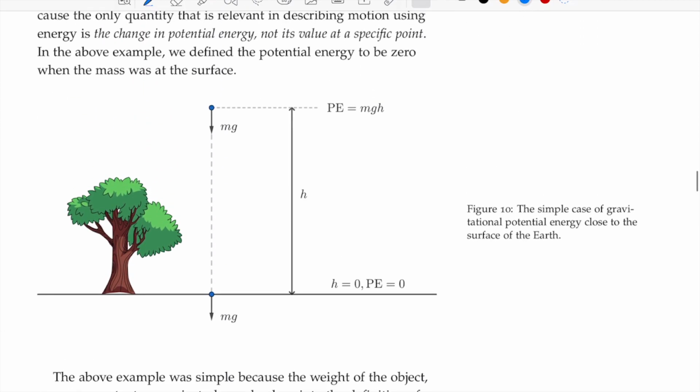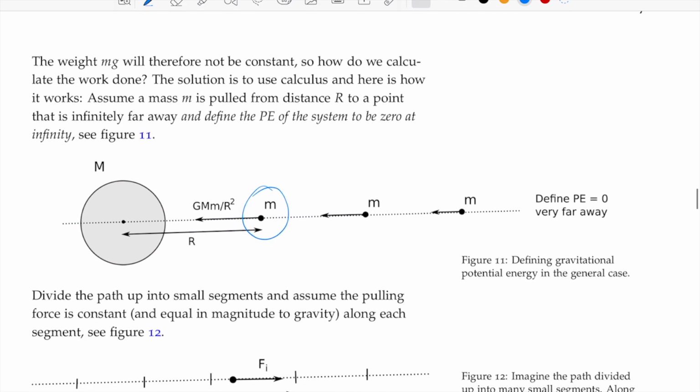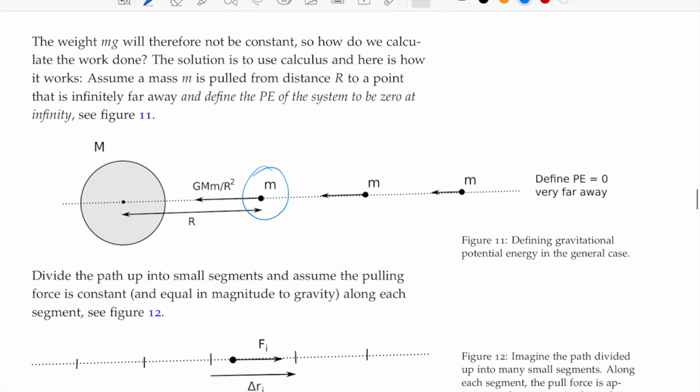Remember that the reference point for where the potential energy is 0 was ours to choose, also in mgh. We had to pick a reference point, because it's only the change in energy that's relevant, not the absolute value of the energy at a given point. So that's important to remember, that potential energy is 0 when the masses are infinitely far away.